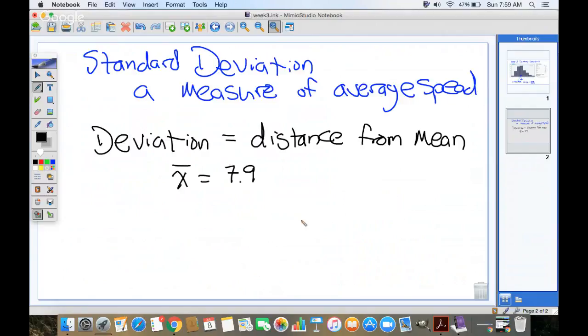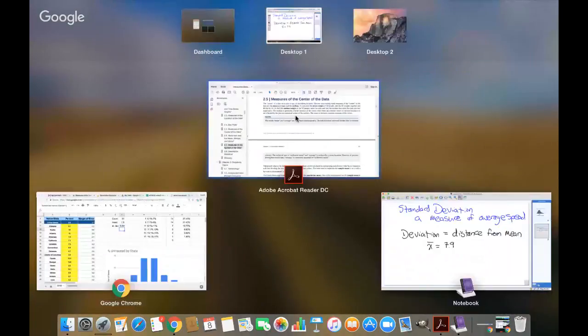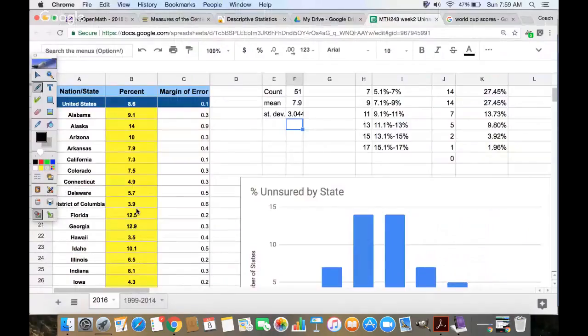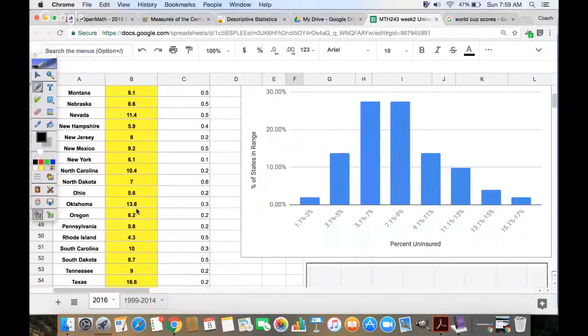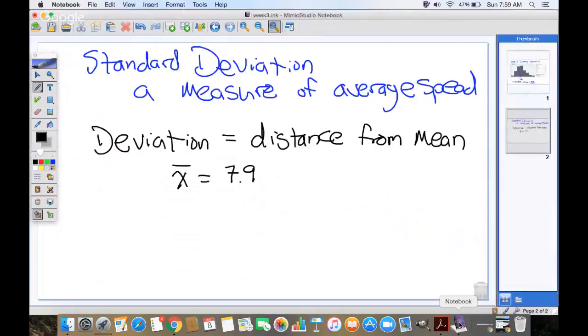Now let's look back at the data and consider a specific number. Like, I live in Oregon. Oregon has a value of 6.2 for the percent uninsured. So some X value in the data, in this case 6.2, which represents Oregon.